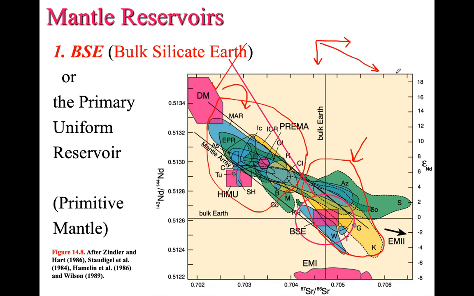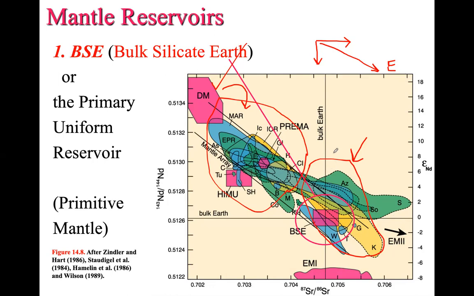So when it goes to the enriched mantle region, that means in the high strontium region, you can easily find enriched compositions. So enriched compositions mean high strontium values and low neodymium values.